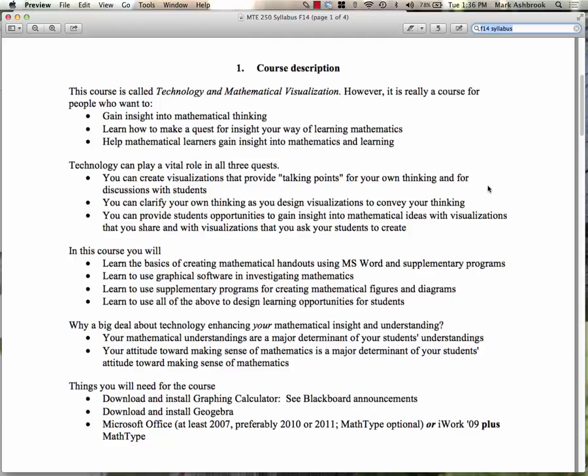I'd say about 40% on myself, and then about 60% because I was reading how it's about your overall attitude and how you convey it to your students. If you have a sense of it, then you can teach it back to your students. Okay, so I was just asking about the first question. What percent do you think this is about you as MTE 250 students? So you said 40%? Okay, what other answers?